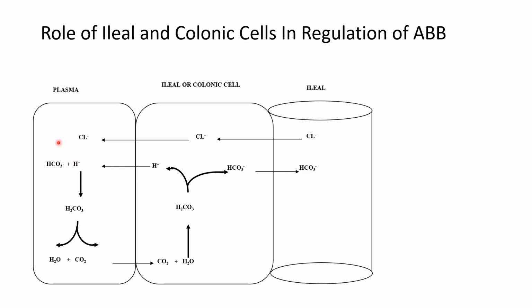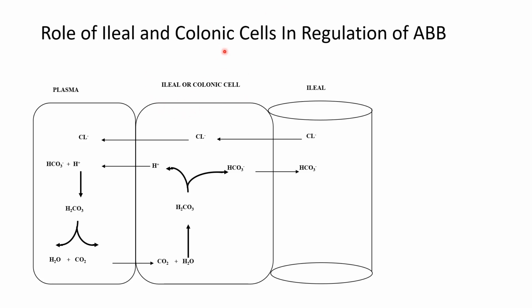The interpretation is that anytime there is an excess of bicarbonate in circulation, the hydrogen ion generated in this process can help to mop up that bicarbonate ion, convert it to carbon dioxide, which moves into the ileal and colonic cell, is converted back into bicarbonate and is lost into the ileal or colonic lumen.